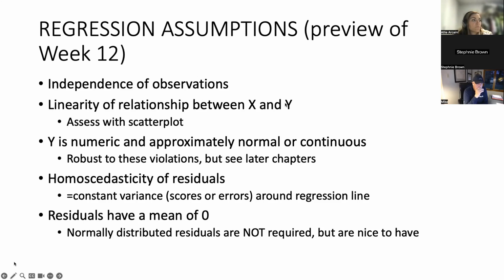Very, very important, and an assumption that's almost always violated, is that the true relationship between predictor and outcome is linear. It's probably almost always false, but the linear model is just so nice and simple that we continue to use it.